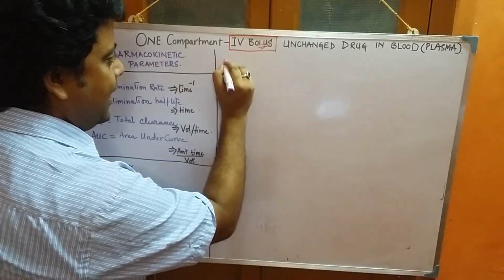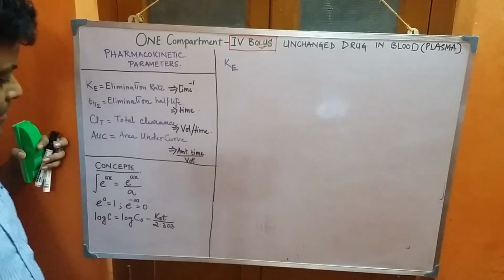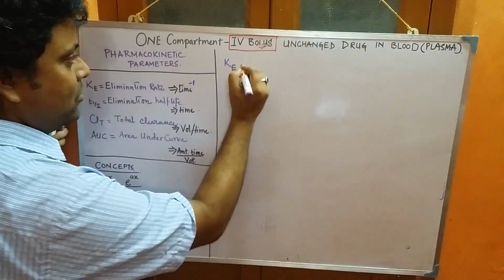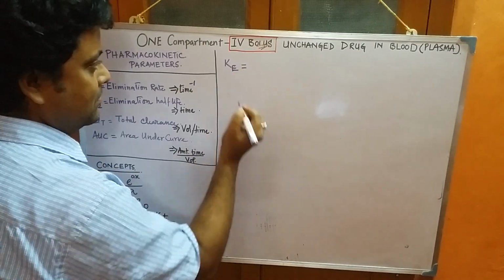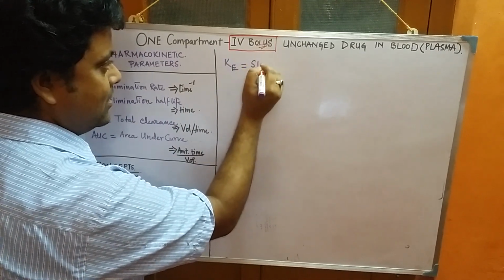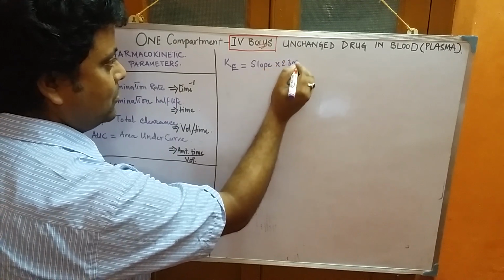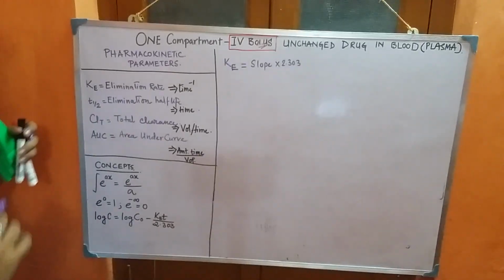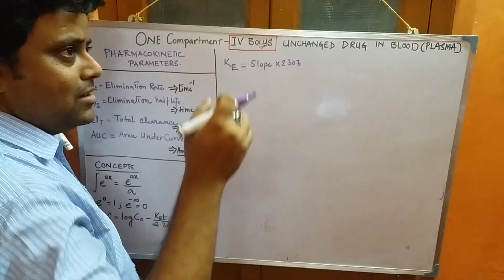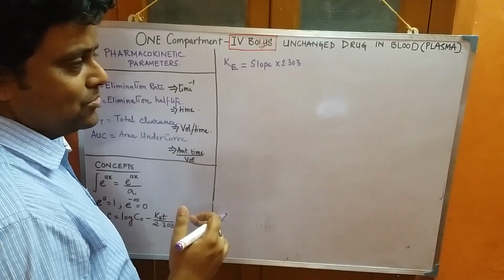If we say Ke, the Ke can be derived from this equation straight away. The derivation is, as we have discussed previously, slope multiplied by 2.303. Now slope is actually the difference, that is y2 minus y1 divided by x2 minus x1.